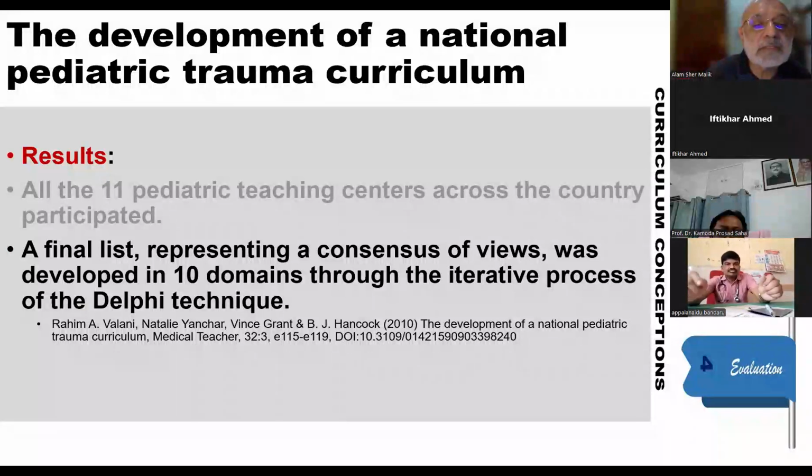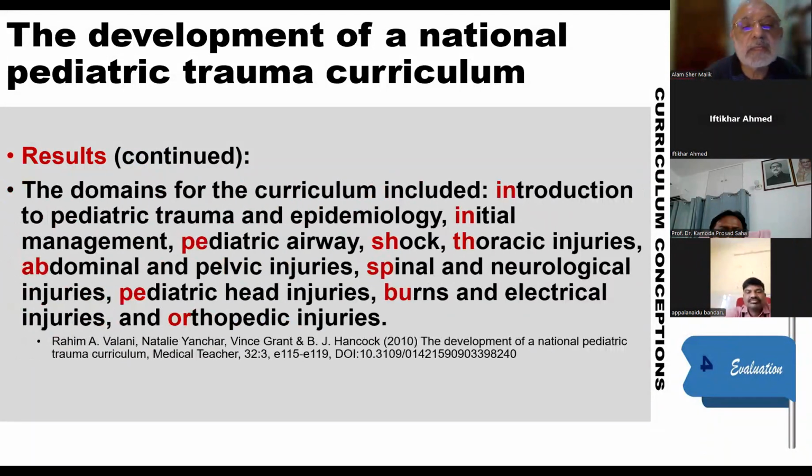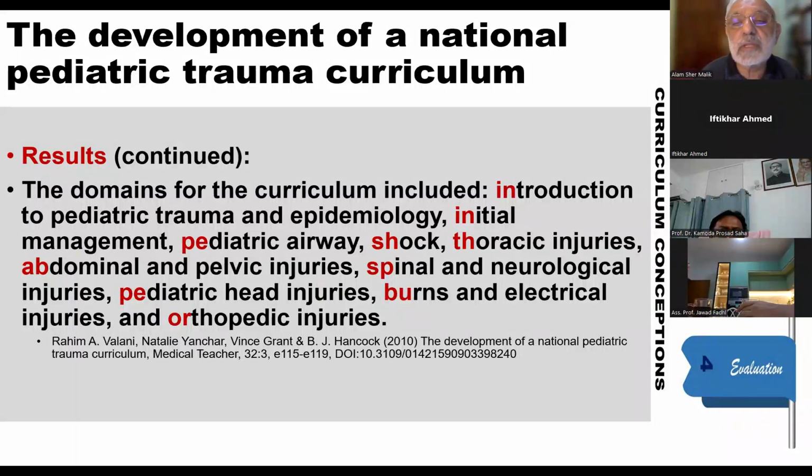And a final list representing consensus of views was developed in 10 domains through the iterative process of the Delphi technique. And these were the areas identified. The domains of the curriculum included introduction to pediatric trauma and epidemiology, initial management, pediatric airways, shock, thoracic injuries, abdominal and pelvic injuries, spinal and neurological injuries, pediatric head injuries, burns, and orthopedic injuries as well.